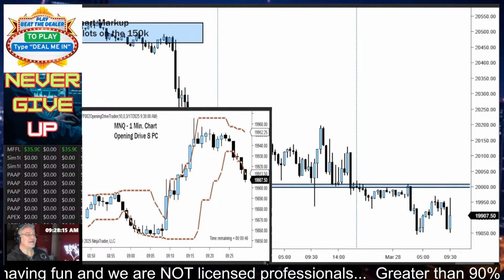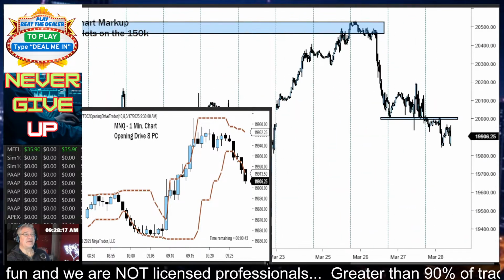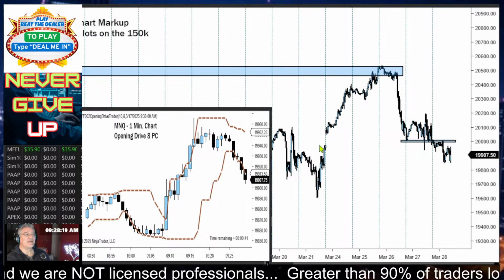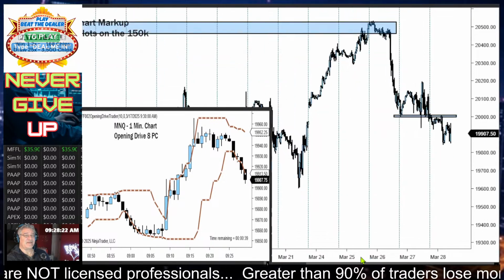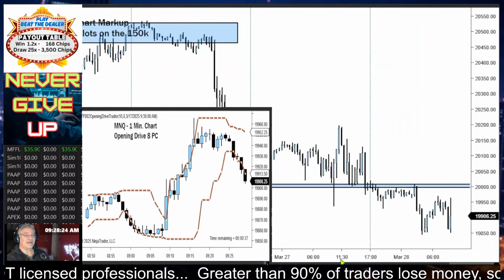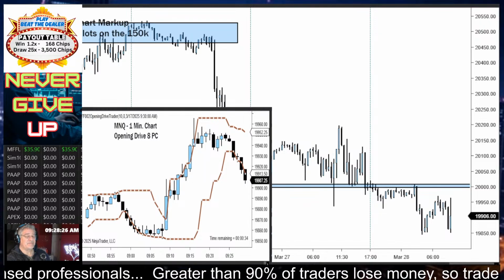I didn't even notice that. Probably if you go back, there might even be a few more taps into this level. Look, it is a round number, eh? 20,000. You don't get more of a round number than that. People like to trade around round numbers.